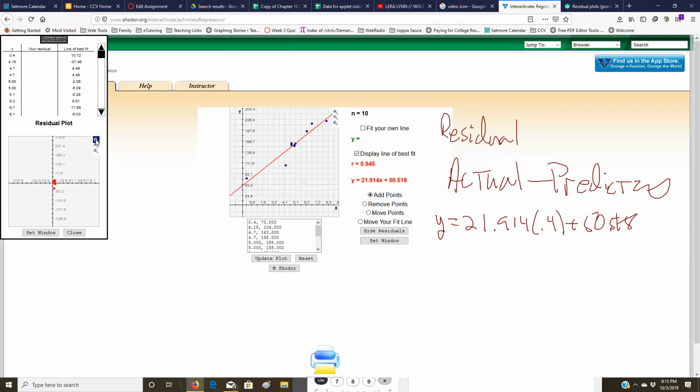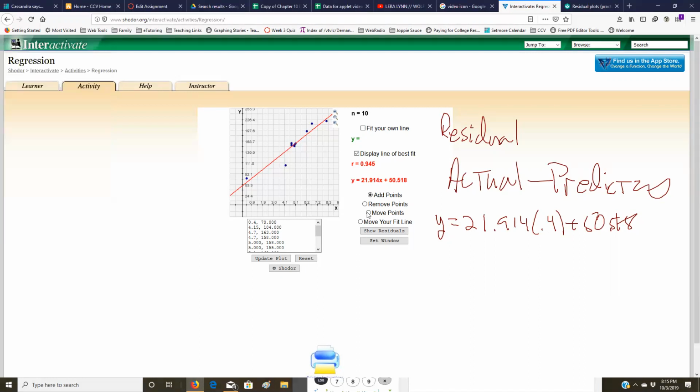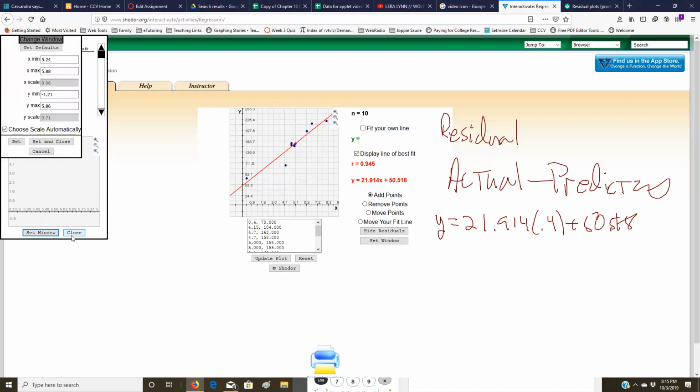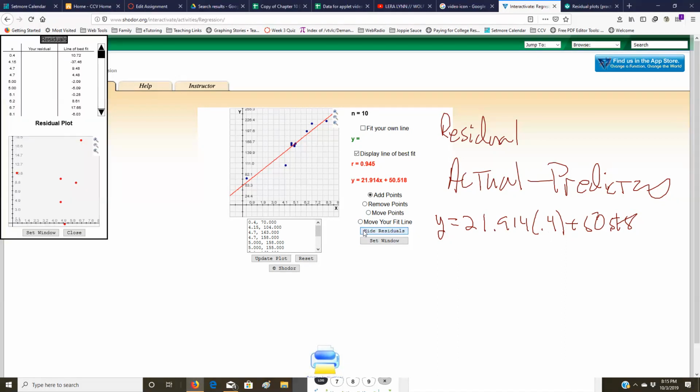Let me close the window and show my residuals. Show residuals. Let me try to move this around.